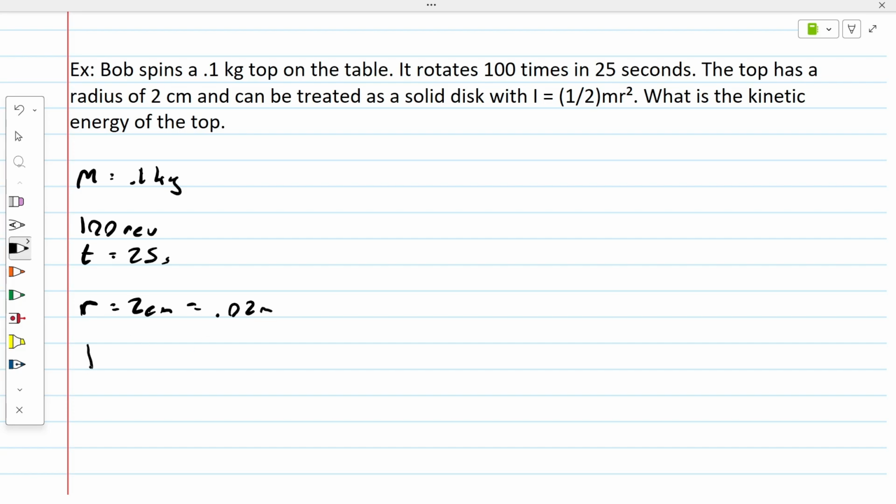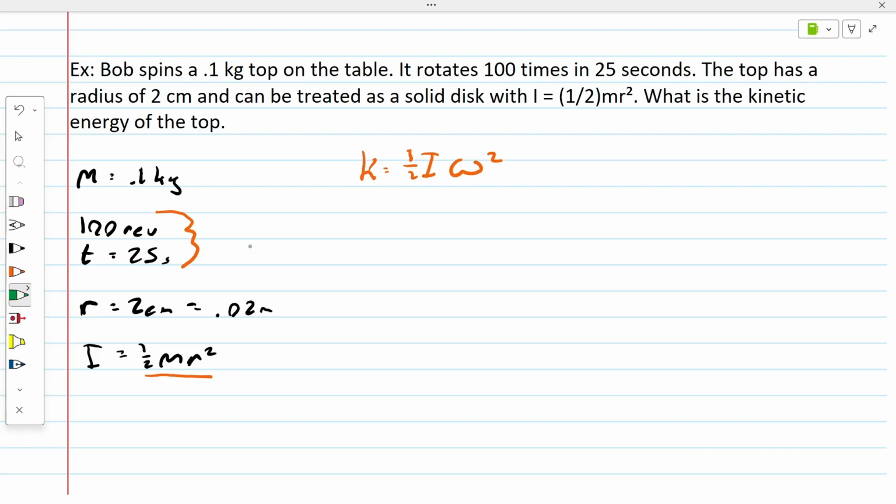And we were told the rotational inertia is 1/2 m r squared. If we want to find the kinetic energy, we're going to need the rotational inertia and the angular velocity. We have the mass and the radius for the rotational inertia, but we need to get the angular velocity, and we can figure that out using these variables here.